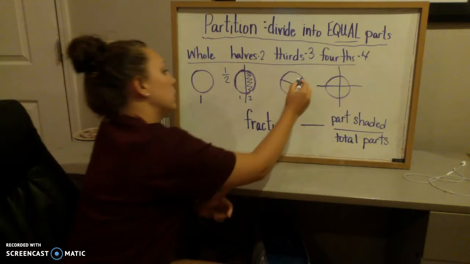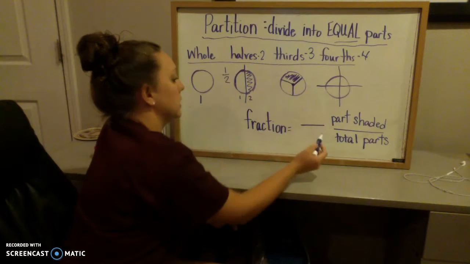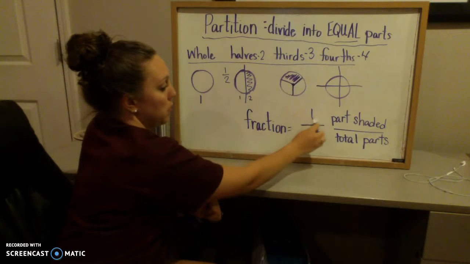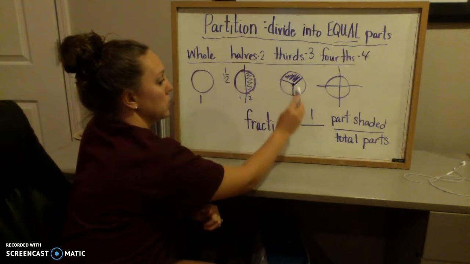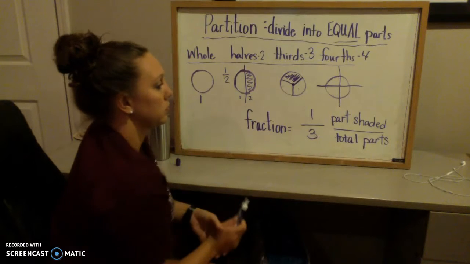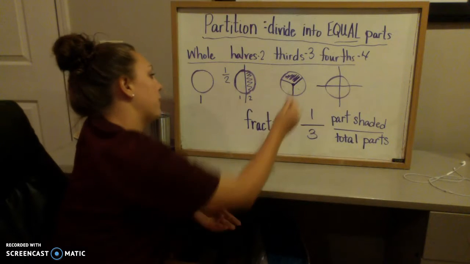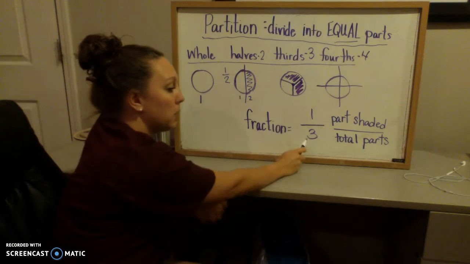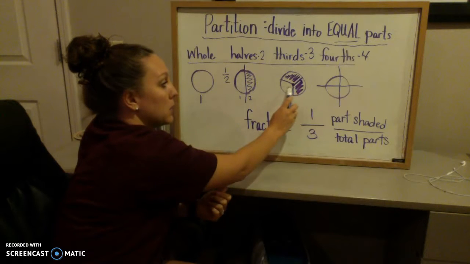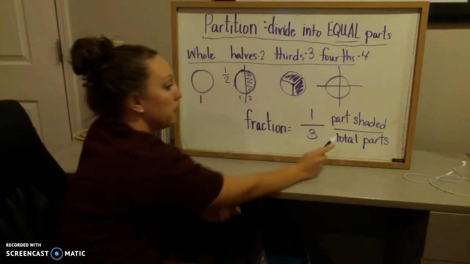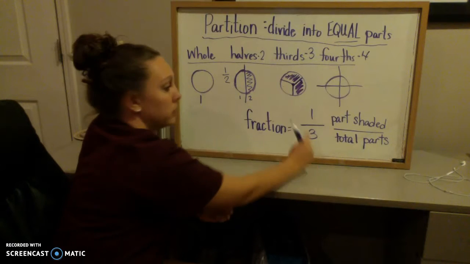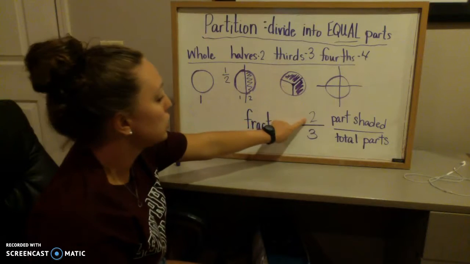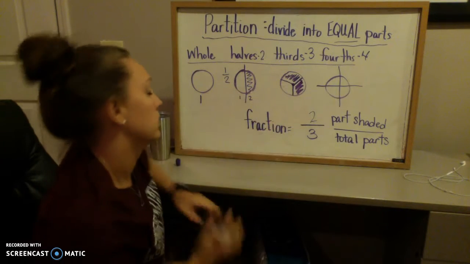If I shaded this one and left it at that, how many parts are shaded? Just 1 part. How many total parts are there? 1, 2, 3. Now what happens if I shaded in 1 more part? Would the bottom number change? No, because there are still 3 parts. But how many parts are now shaded? Now 2 parts are shaded. So we call this 2/3.